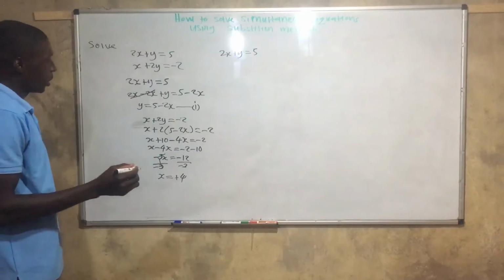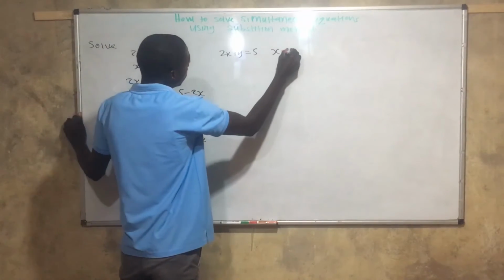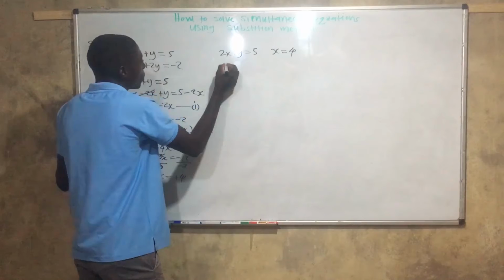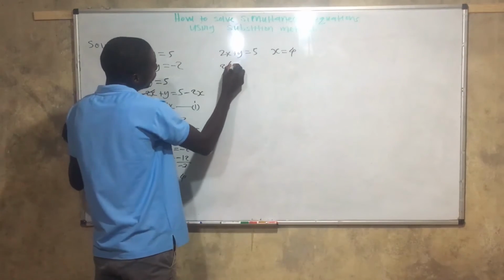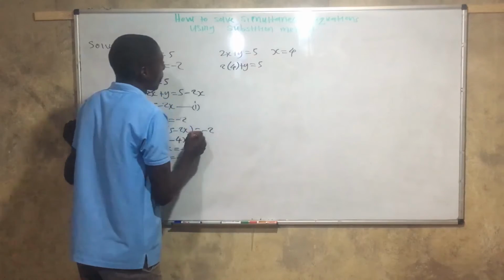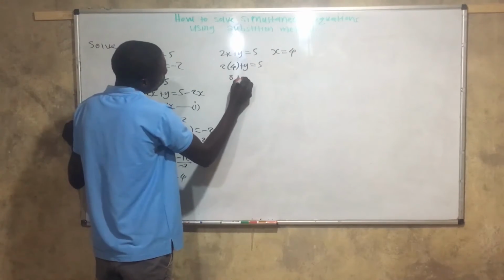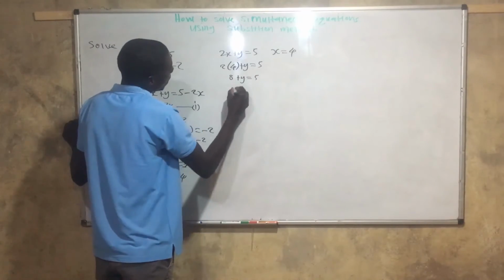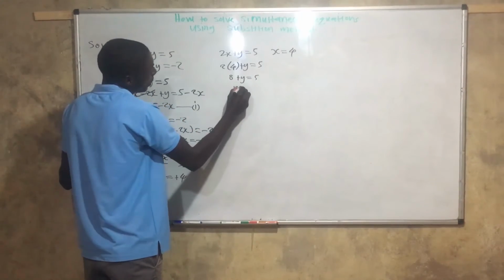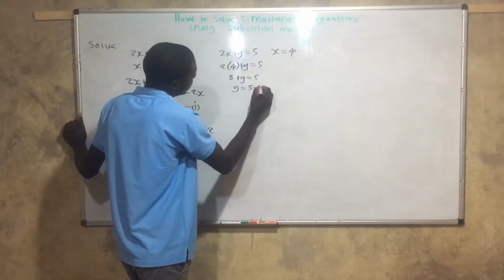Or you go back to the original equation. So where there is x, we replace with 4. So it will be 2 open bracket 4 close bracket plus y is equal to 5. 2 multiplied by 4 is 8, plus y is equal to 5. Then y is equal to 5 minus 8.